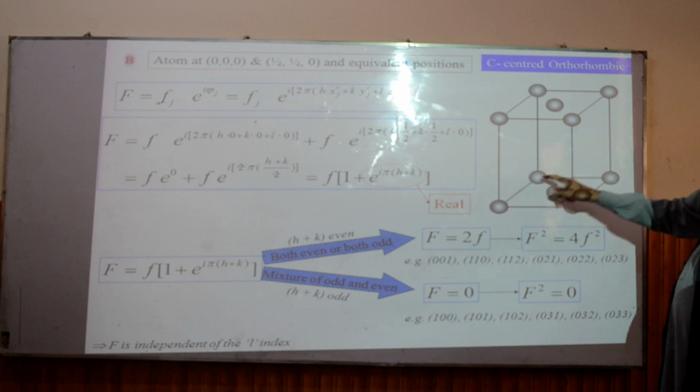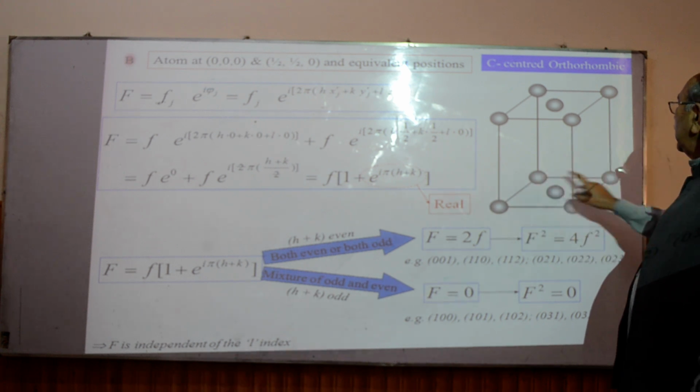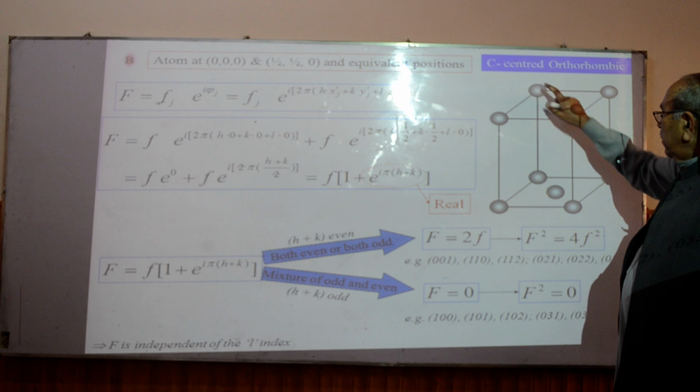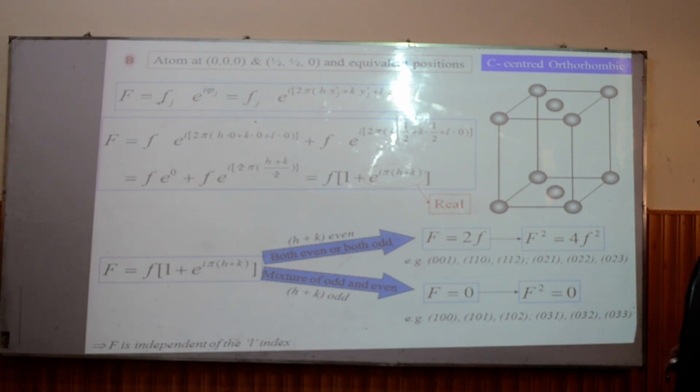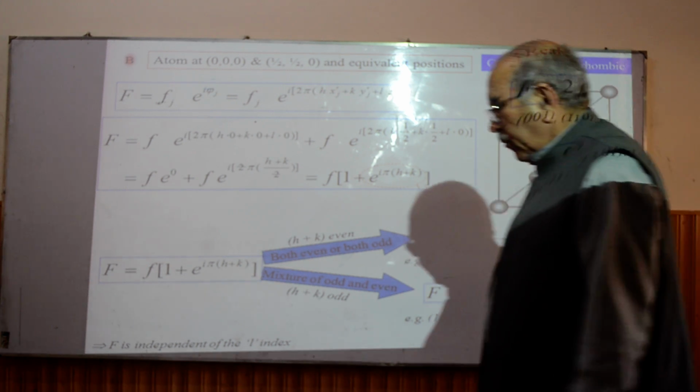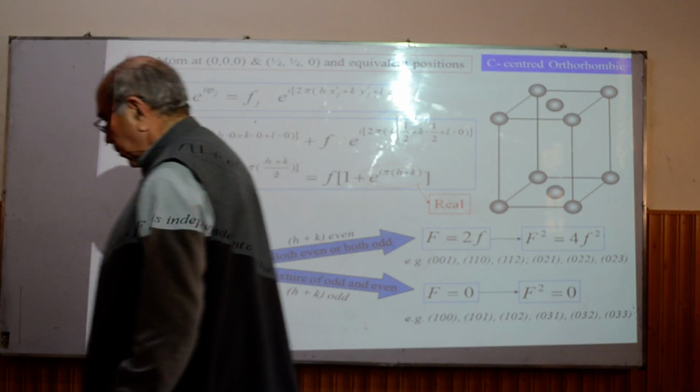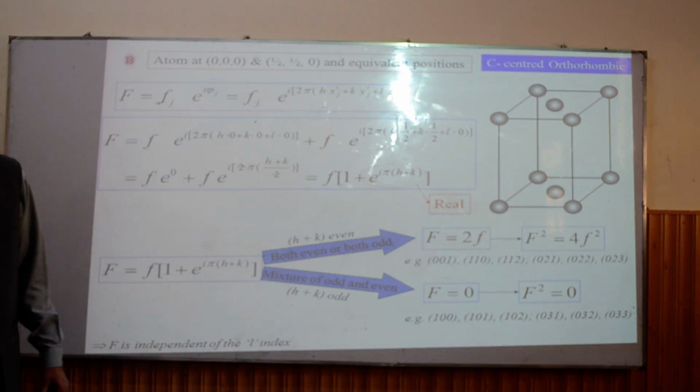Orthorhombic means a is not equal to b is not equal to c, but alpha is equal to beta is equal to gamma is equal to 90 degrees. So such reflections will appear and others will not appear in the diffraction pattern.